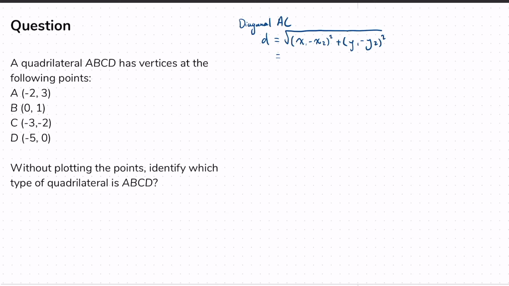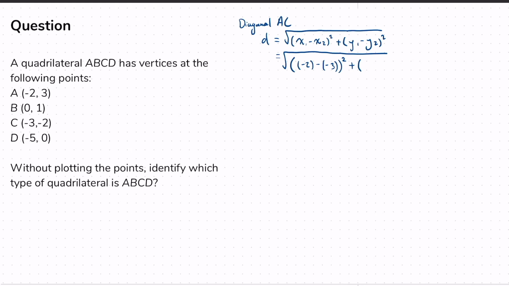It doesn't matter which one we choose as x1 and y1, and which as the second, as long as we're consistent throughout. So let's go with A being x1 and C being x2.